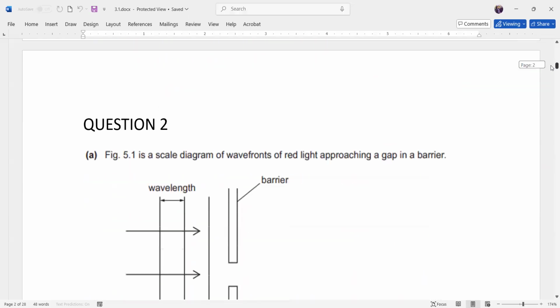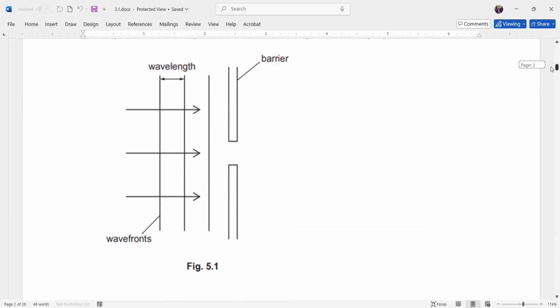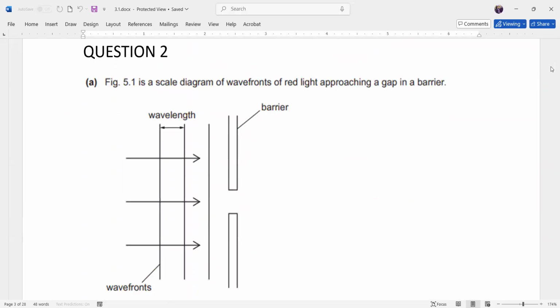Okay, next question, question 2. Figure 5.1 is a scale diagram of a wavefront of a red light approaching a gap in the barrier.